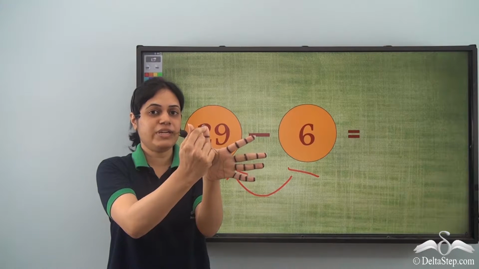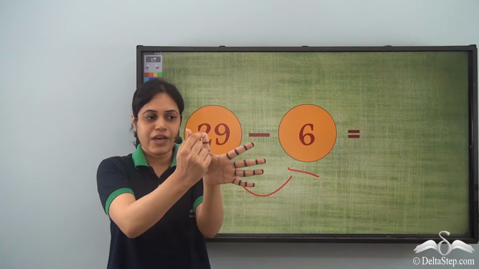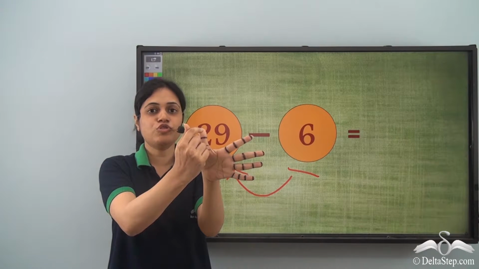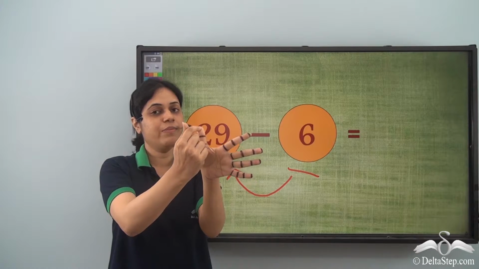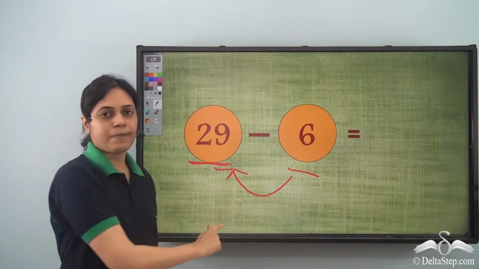And what about 27? And the numbers after that? Well, we have used all the finger marks, but we still have not reached 29.